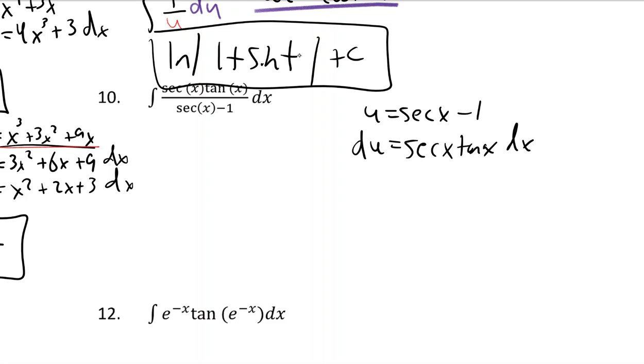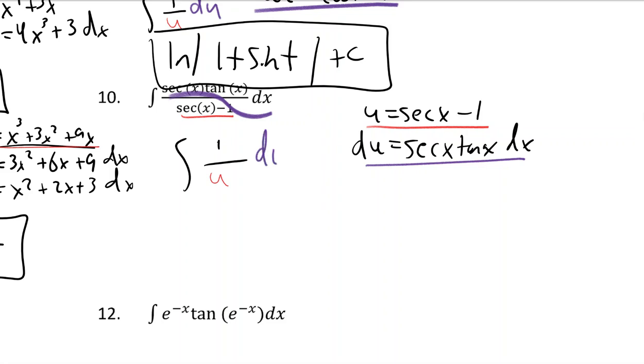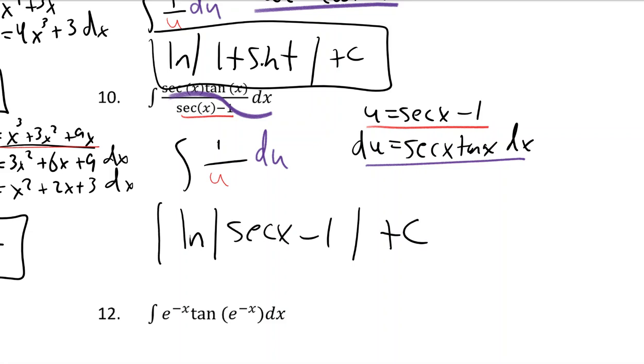But if you know that one, then this is a direct fit here. This stuff is that. So I could replace this with 1 over u du. So the natural log of the absolute value of u plus c.